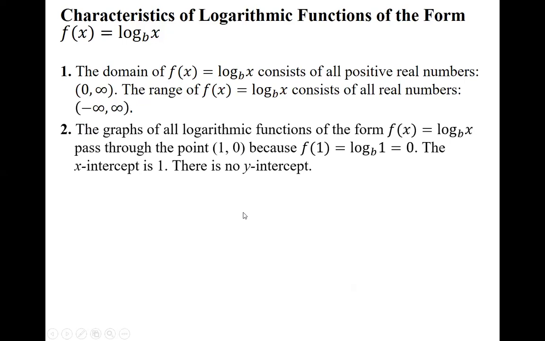They all pass through the point 1, 0, because f of 1 would be log base b of 1, and anything to the 0 power is 1, so that would be equal to 0. The x-intercept is therefore 1, and there is no y-intercept. As we'll state later, that's going to be because of that vertical asymptote.